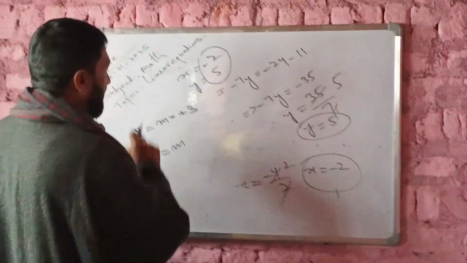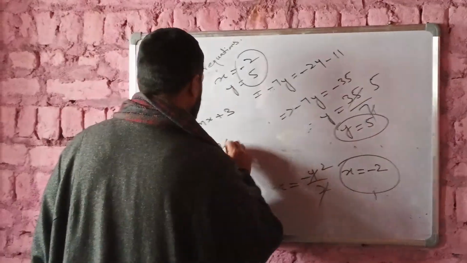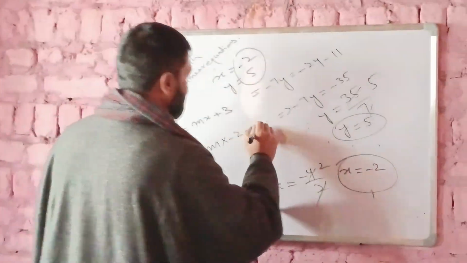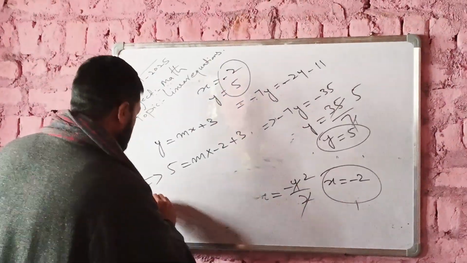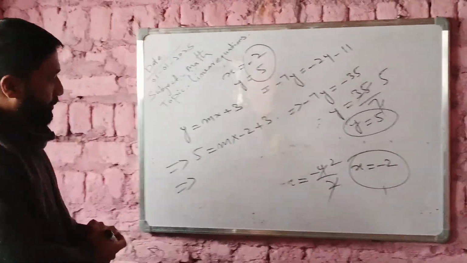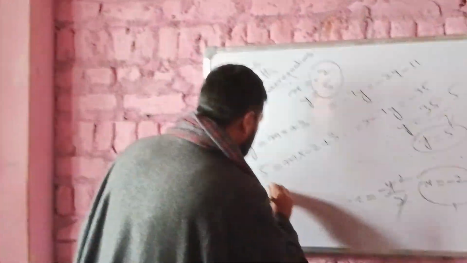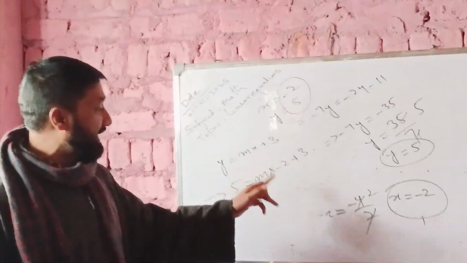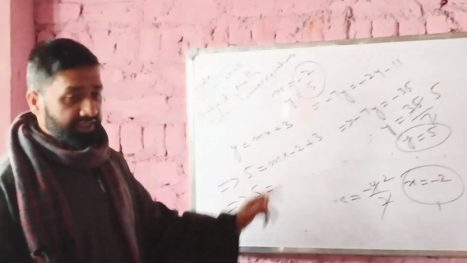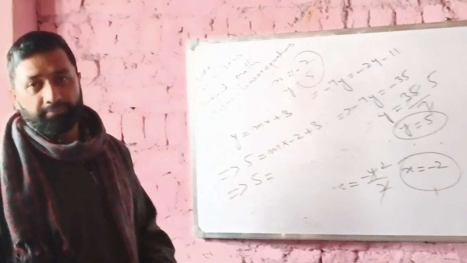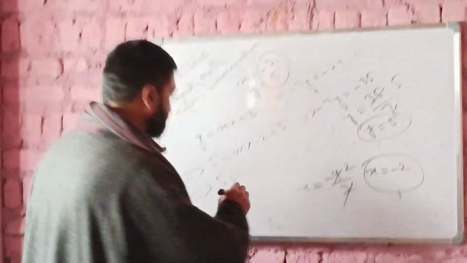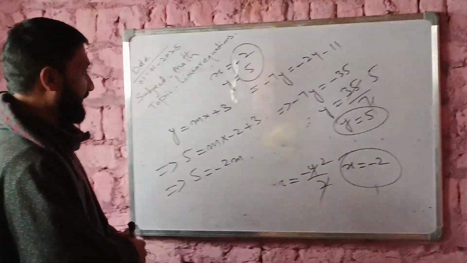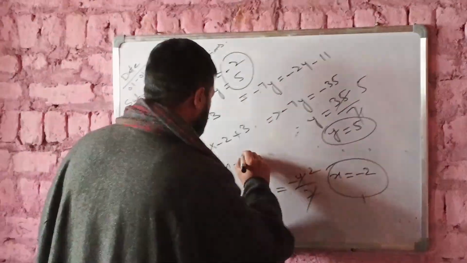What is the value of x? Minus 2. Okay? Plus 3. Now be very much attentive here. 5 is equal. When we multiply minus 2 with m, it becomes minus 2m. Plus 3.